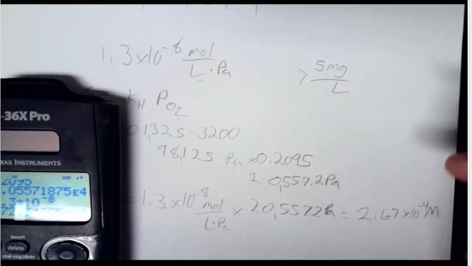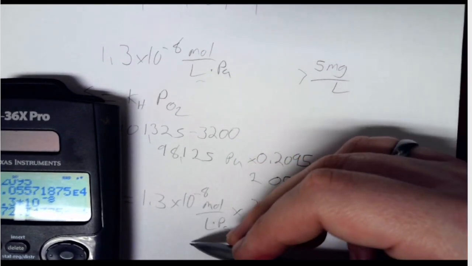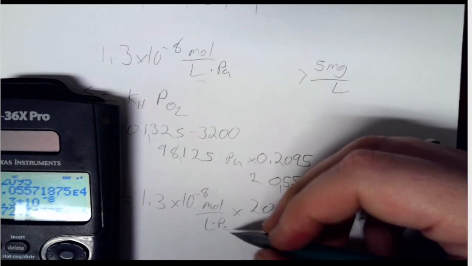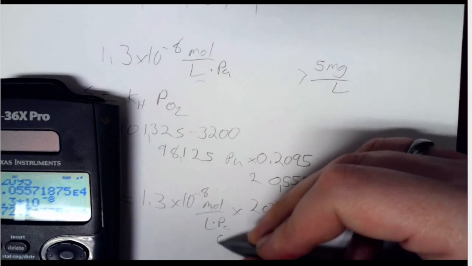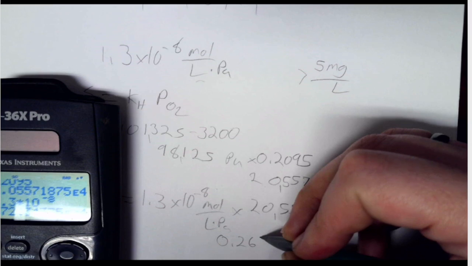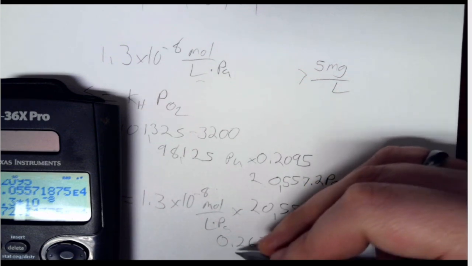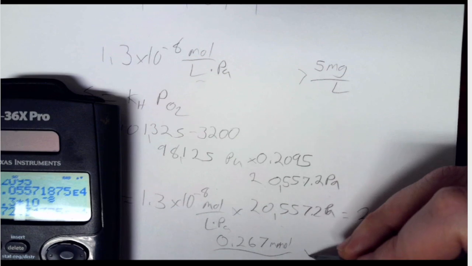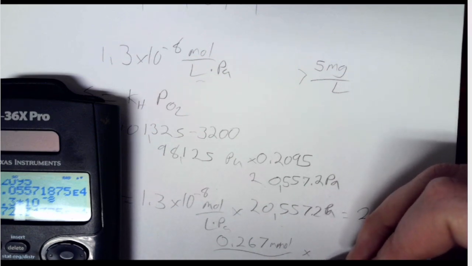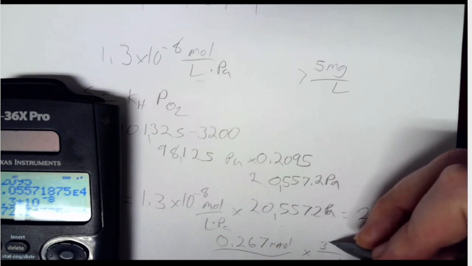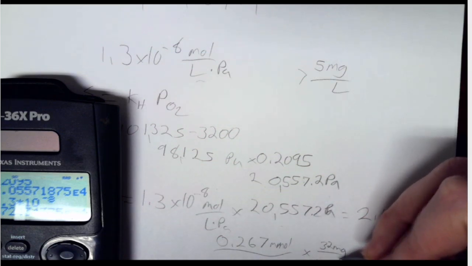Converting that into milligrams per liter, we times that by 1,000 to turn that into millimoles. That means we have something like 0.267 millimoles per liter, and the molar mass of oxygen is 32, so in 1 millimole there would be 32 milligrams.